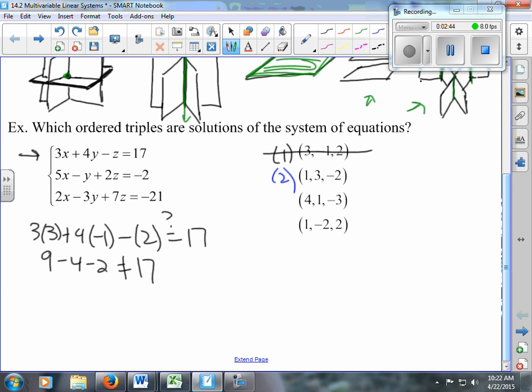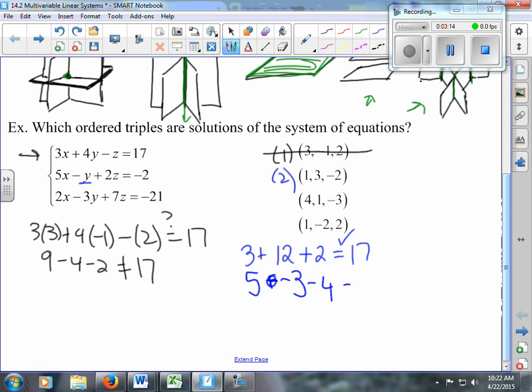Now let's check the second point. For the second point, x is 1, y is 3. I'm going to go ahead and multiply 4 and 3 right now and get 12, minus -2. Does that equal 17? Yes, it does. So it fits into equation 1. Now let's try equation 2. In equation 2, I would have 5 plus, now y is 3, so minus 3, and z is -2, so it would be -4.